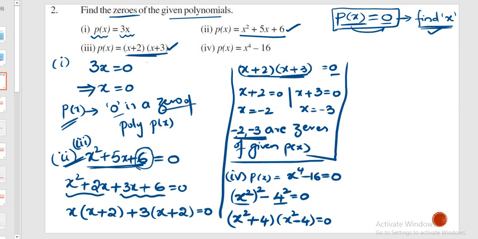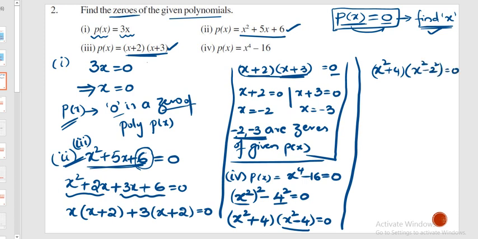So in the next step, x square plus 4 stays as it is, and this 4 I can write as 2 square, right? So I can write it as x square minus 2 square is equal to 0. Now again this is in the form of a square minus b square, so I can write x square plus 4 into x plus 2 into x minus 2 is equal to 0.